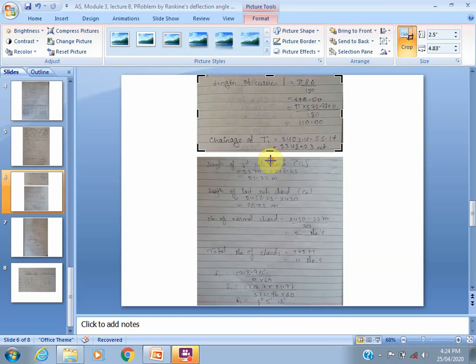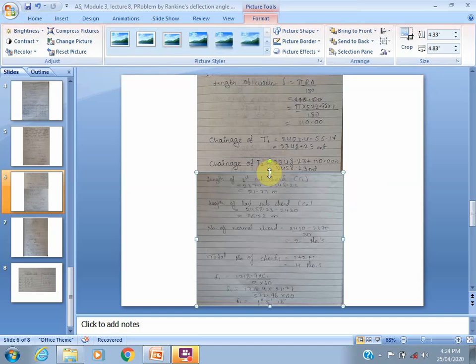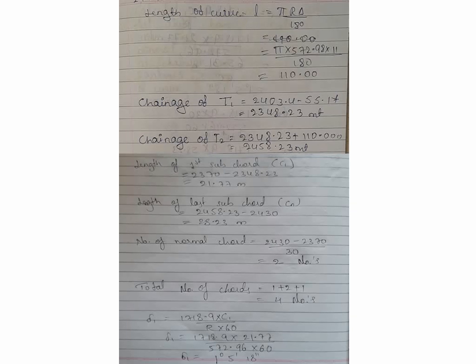The chainage at T2 is chainage at T1 plus length of curve.